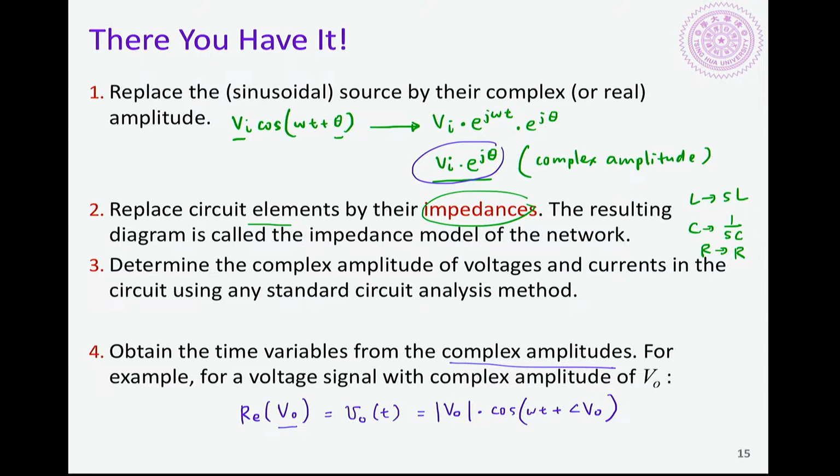In the question, I will specify whether to use the impedance model to solve the sinusoidal steady state, or to use what we learned in the previous lecture. That will be clearly specified in the questions.